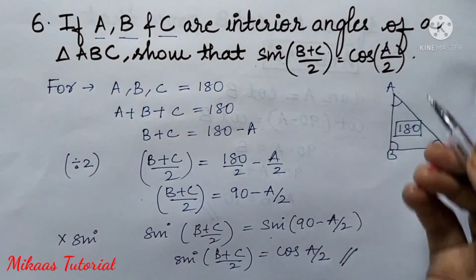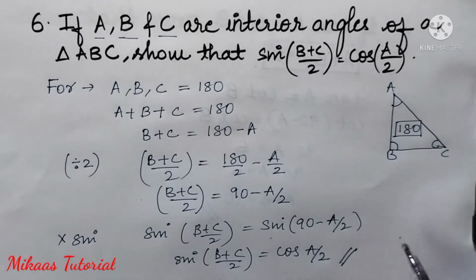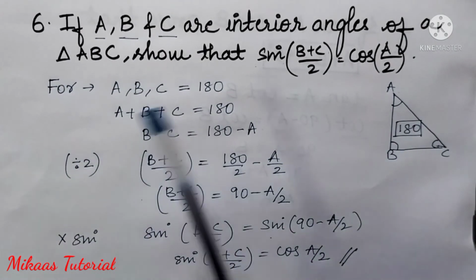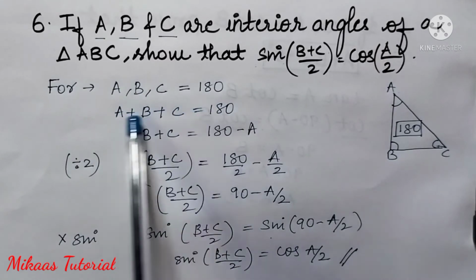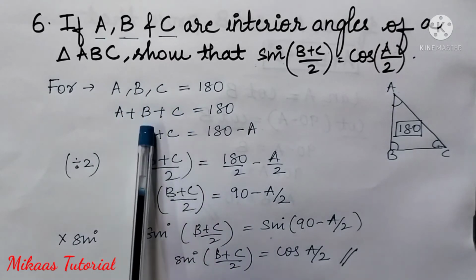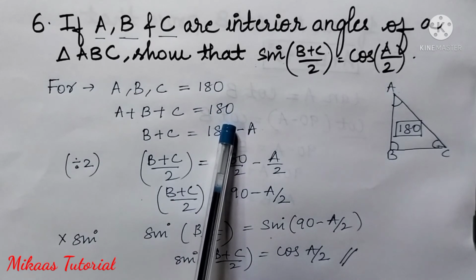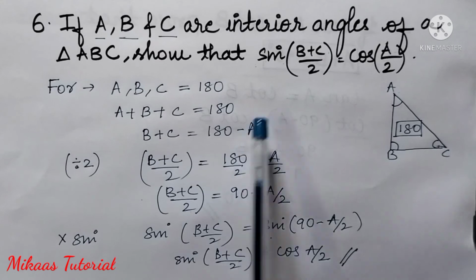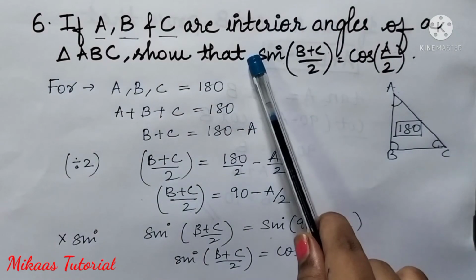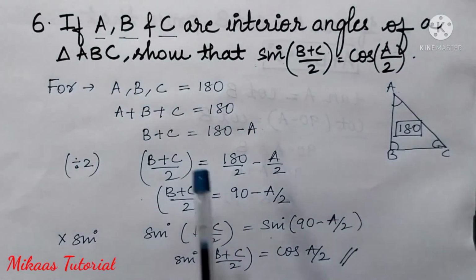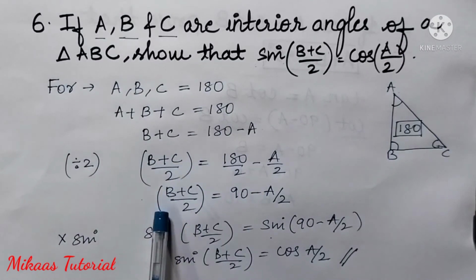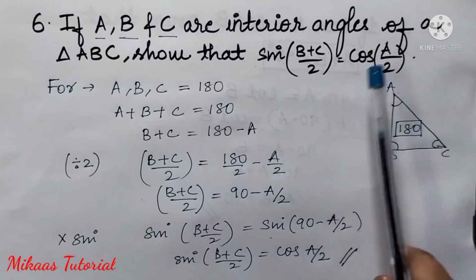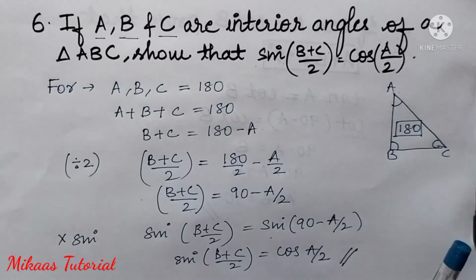Now you have found the answer. I'll repeat it. This is a very unique question. Take the three angles of a triangle, A plus B plus C, equal to 180 degrees. Now take A to the right-hand side, because you need B plus C on the left-hand side and A on the right-hand side. Then divide by 2, then multiply by sine. You will get the required answer.